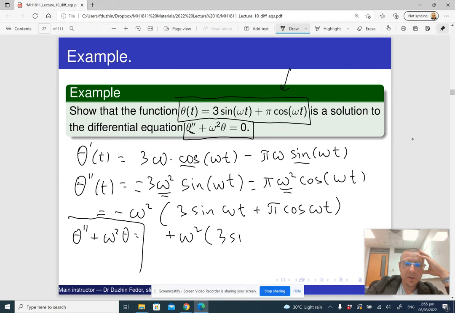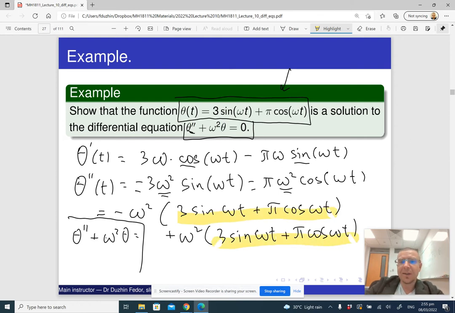So 3 sine omega t plus pi cosine omega t. Right, but notice that I have this term and this term. They look exactly the same, the only difference is that there is a negative sign here and a positive sign here. So it means that they just cancel each other out, and I get 0, right?